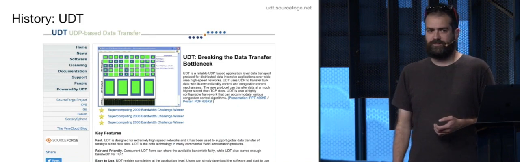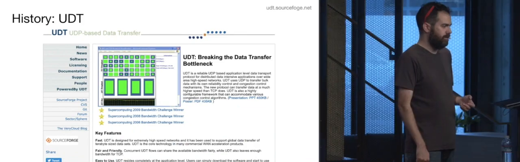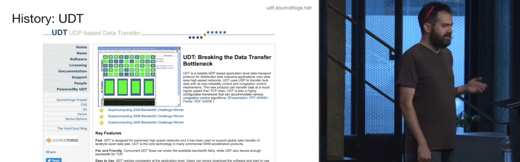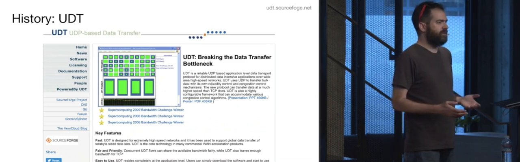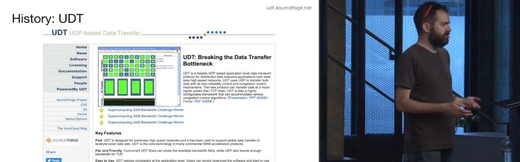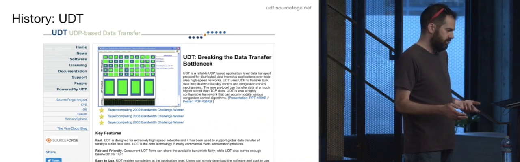So SRT has its roots in a much older protocol called UDT. UDT was created in 2001. You can tell it's old because its web page is on SourceForge. UDT was designed for transmitting large files quickly over public networks.